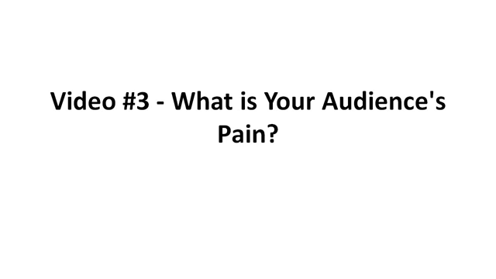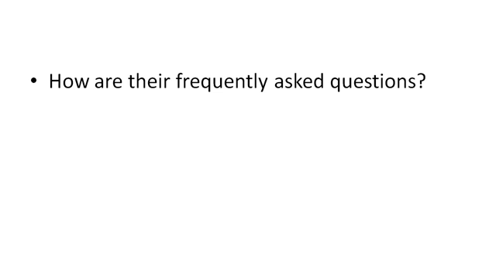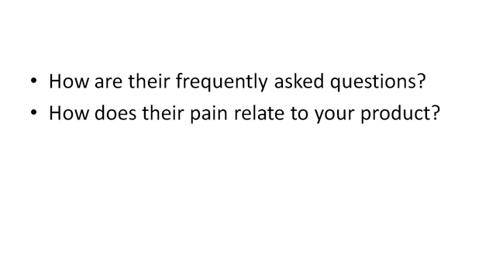To do this, what you're going to need to do is do some research. You basically want to figure out what are their frequently asked questions. Then you need to figure out how does their frequently asked question or their pain actually relate to your product. Now, you can find these questions in Google. You're going to have to do a little bit of research.